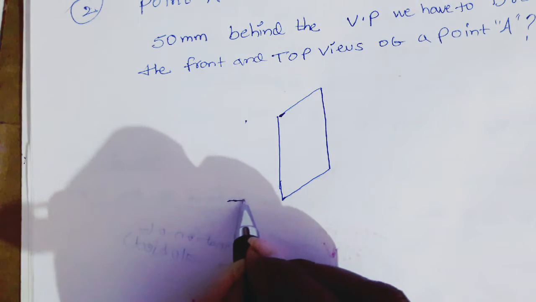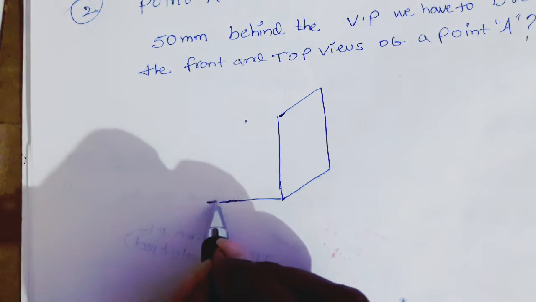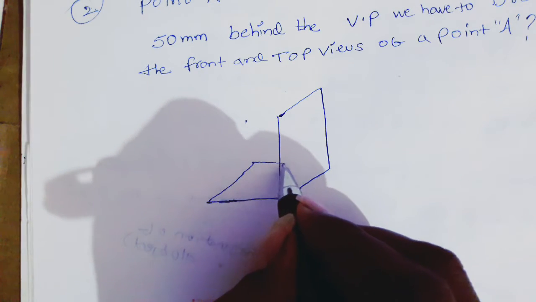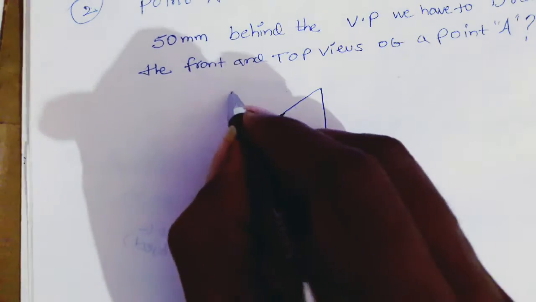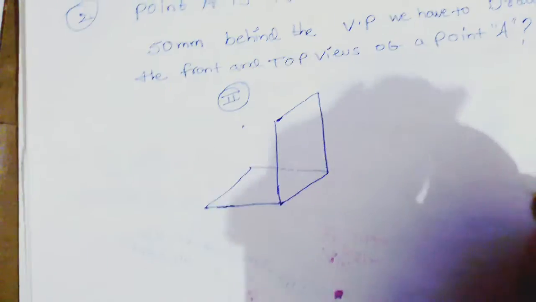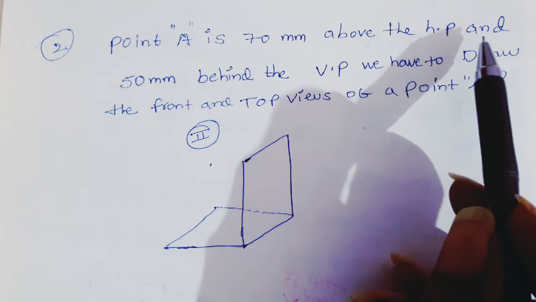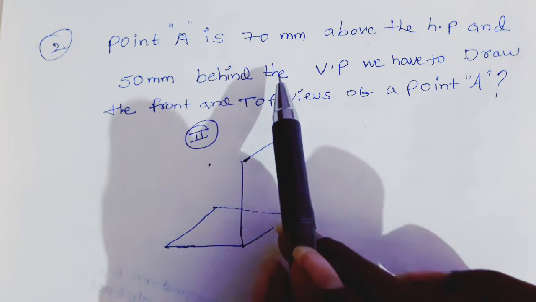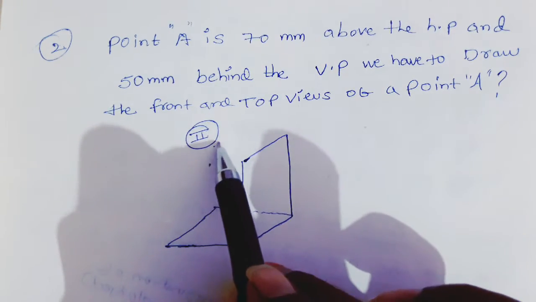Right, this is the second quadrant. Okay, this is the second one. When the problem is given like 70 mm above HP and 50 mm behind, nothing but the position of the object will be in the second quadrant.